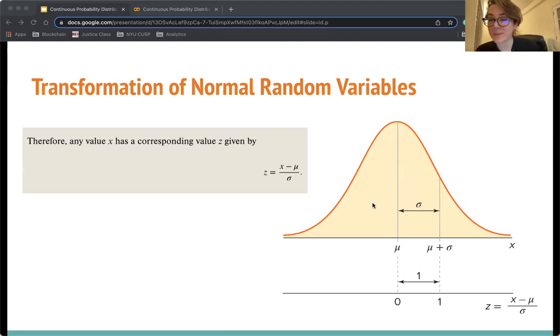The way we do this is to transform x into z by subtracting the mean from x and dividing by the standard deviation. This is called a standard transformation and helps us compare between different variables and scales.